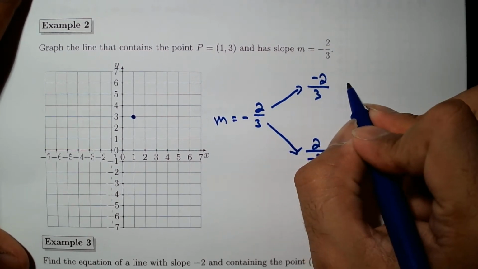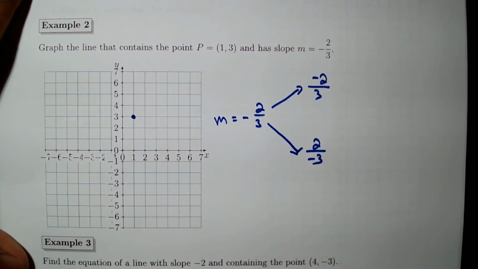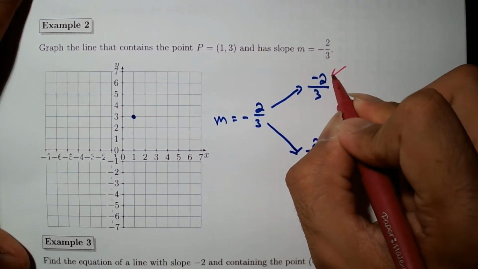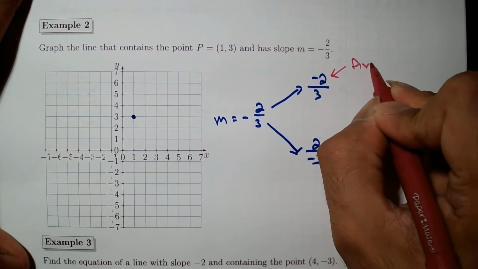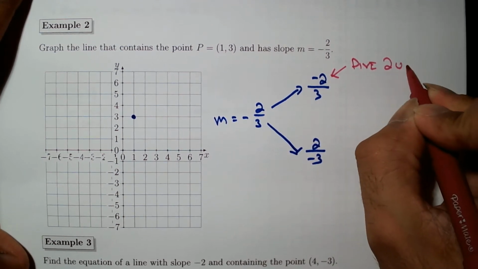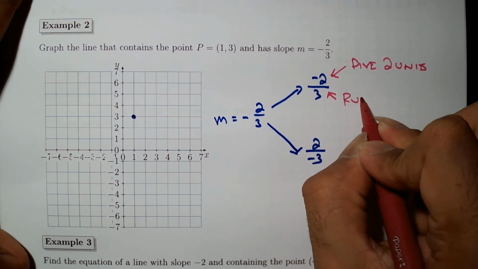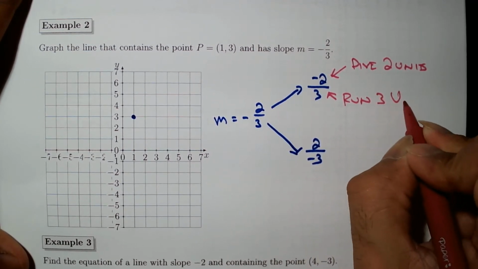So this means we are going to go down or dive 2 units, run 3 units.